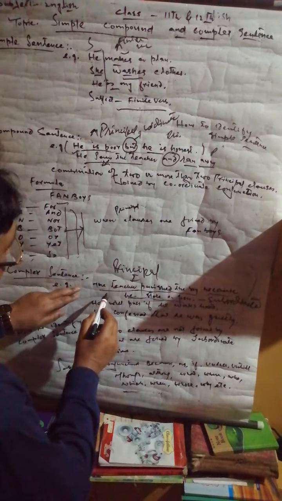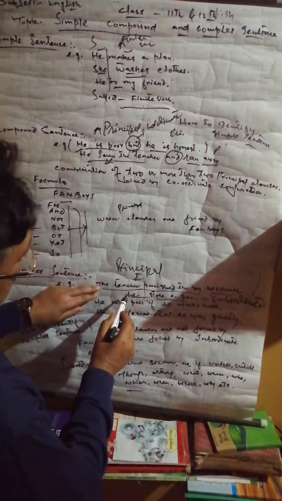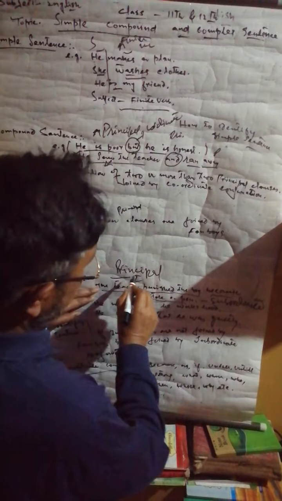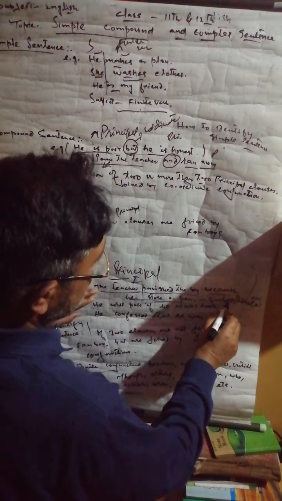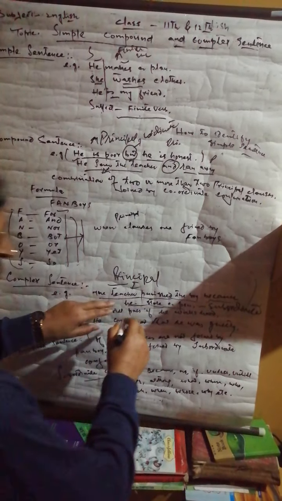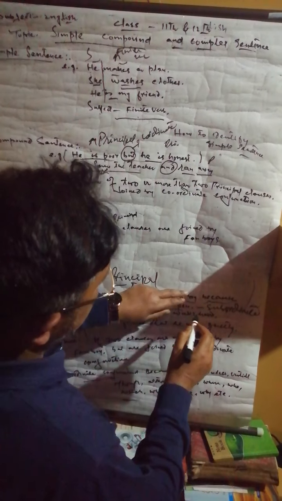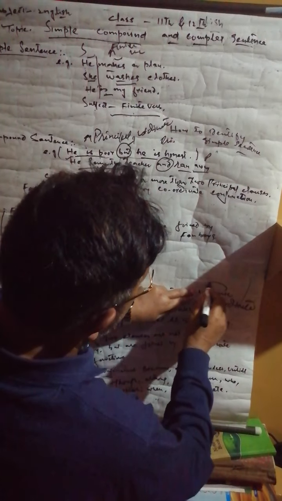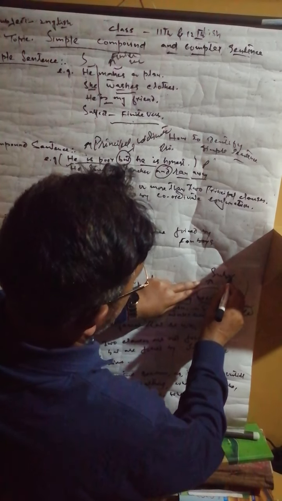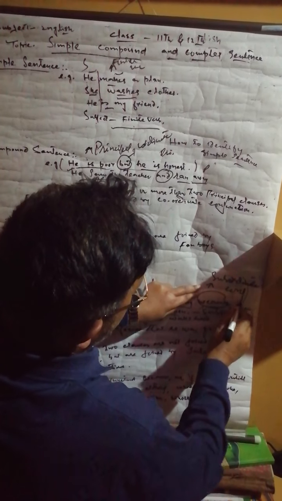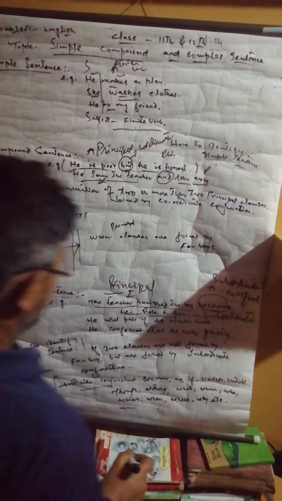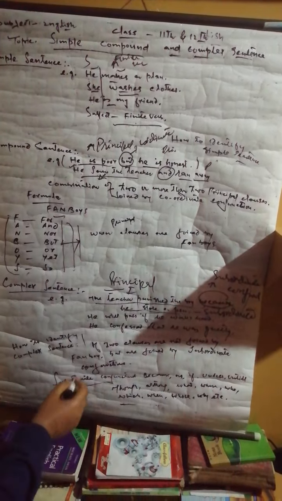So this sentence has two clauses, one principal clause and another subordinate clause. And these two clauses have one conjunction that is known as a subordinate conjunction. Again, he will pass if he works hard.